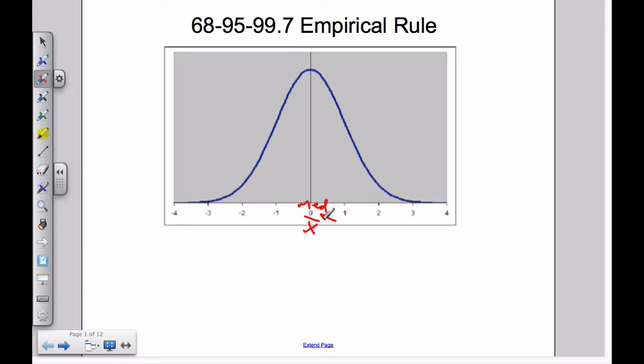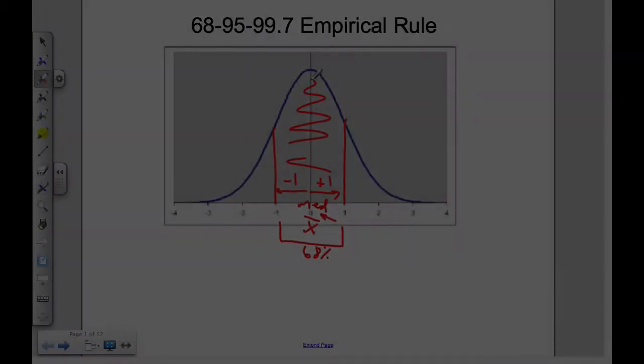If you go out one standard deviation either side, so I go plus 1, or I subtract 1 standard deviation either side of the mean, that's where 68% of our data will fall. This is 68% of our data because everything under the bell curve is 100%.